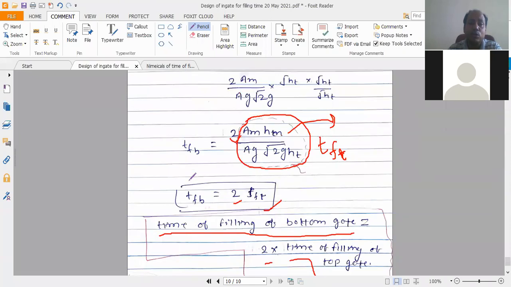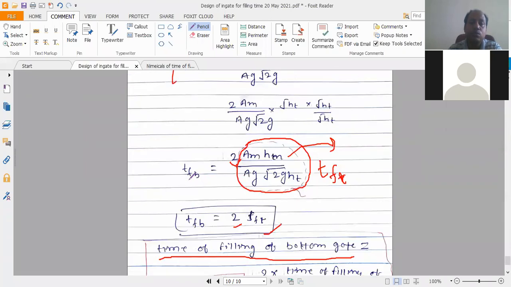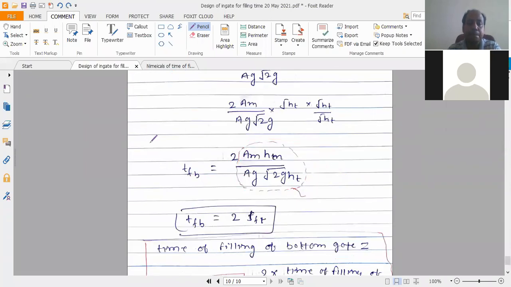And you also have to remember this formula: the time of filling when it is the top gate is equal to Am, area of mold cavity, into the height of the mold cavity, divided by Ag, area of gate, and the velocity of the gate.